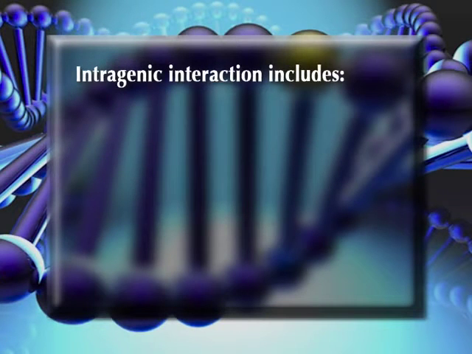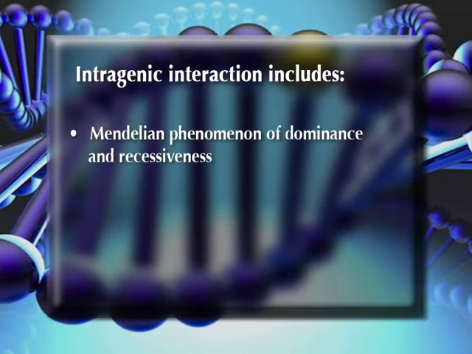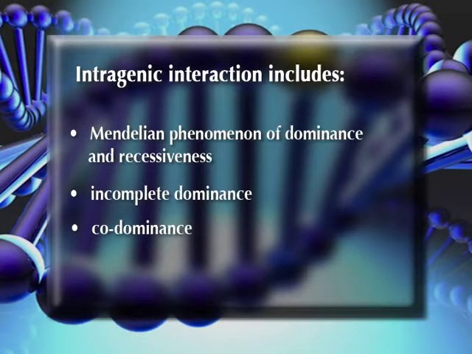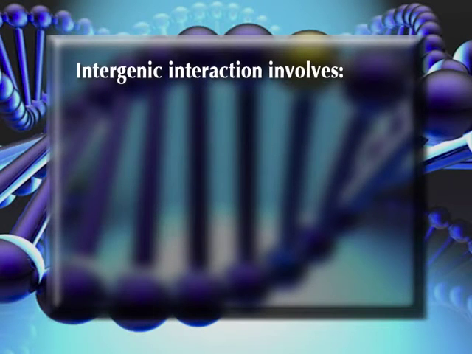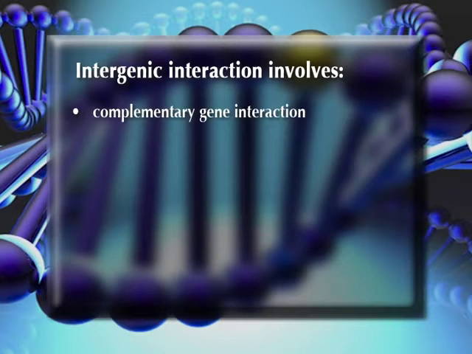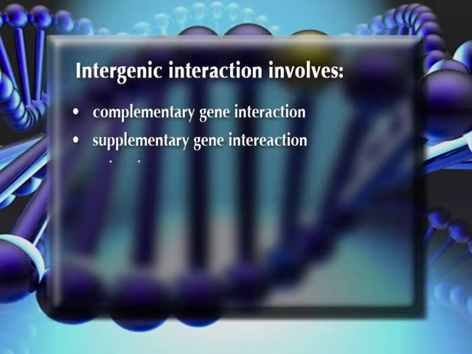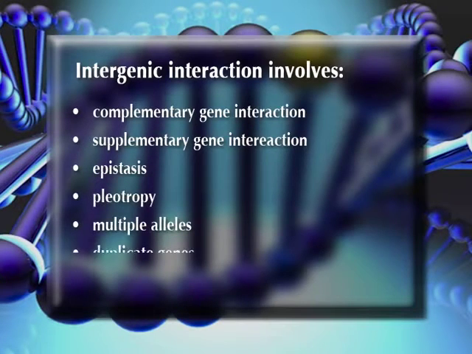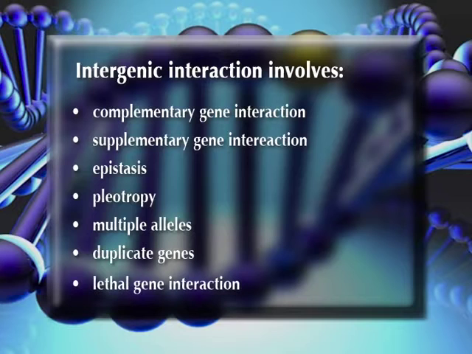The intragenic interaction includes the normal Mendelian phenomenon of dominance and recessiveness, incomplete dominance and codominance, while intergenic interaction involves the complementary gene interaction, supplementary gene interaction, epistasis, pleiotropy, multiple alleles, duplicate genes, and lethal gene interaction.